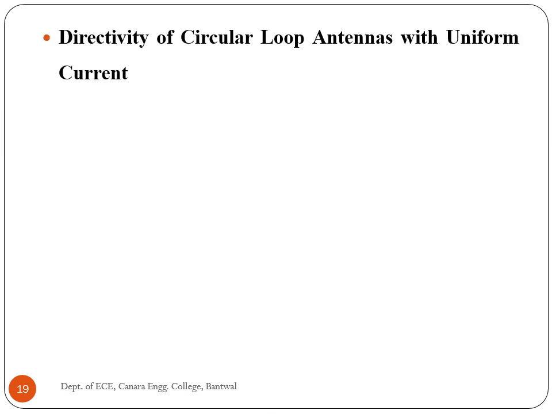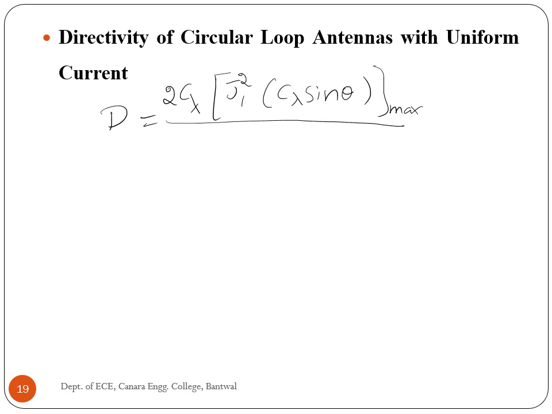Directivity of circular loop antennas with uniform current. The directivity of the loop D is equal to 2 C lambda J1 square of C lambda into sin theta maximum, divided by integration 0 to 2 C lambda of J2 of y dy.